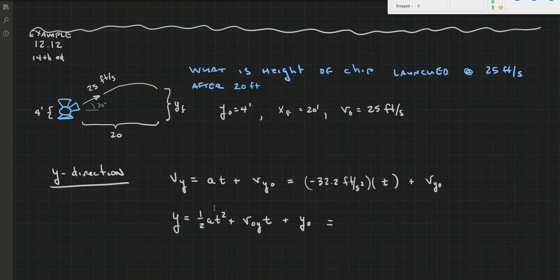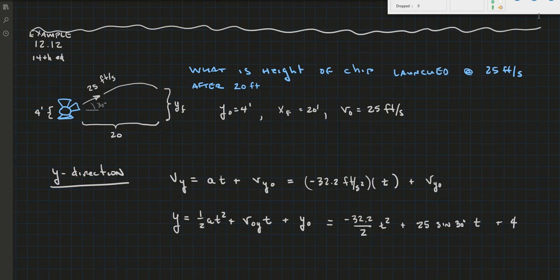And let's put in some numbers. So minus 32.2 over 2 times t squared plus 25 is our initial velocity, sine of 30 degrees, t, and then plus 4.